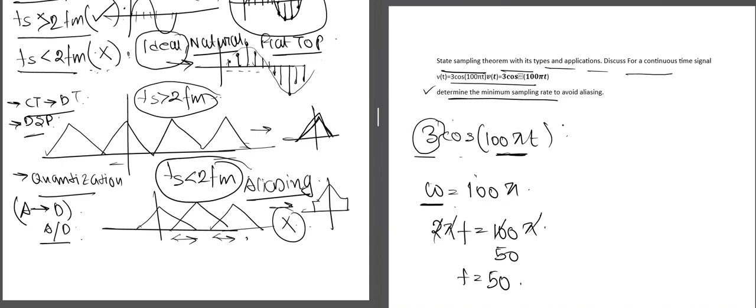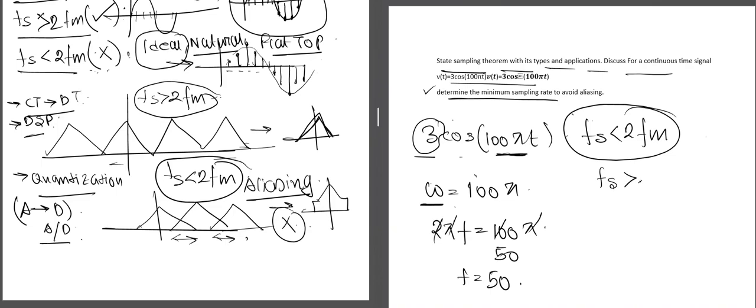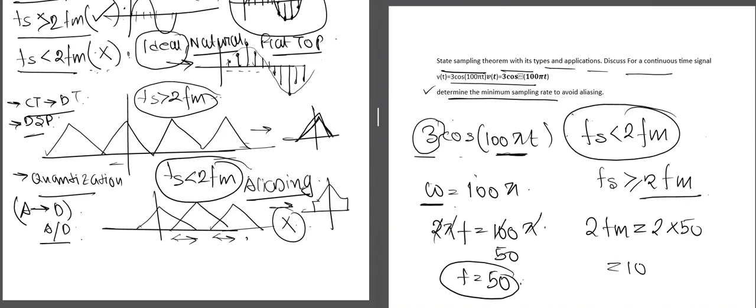Now we know that when the sampling rate is less than twice of fm, aliasing occurs. So in order to avoid aliasing, we need to make it greater than or equal to twice of fm. What is twice of fm in our scenario? fm is this particular frequency, which is the frequency of the original signal, the signal which is sampled. So here, twice of fm will give us 2 into 50, which is 100 hertz.